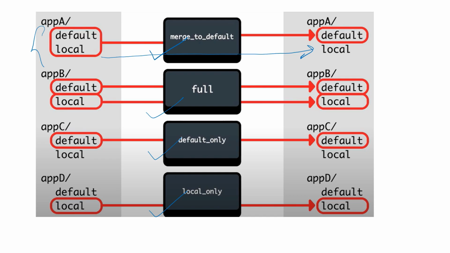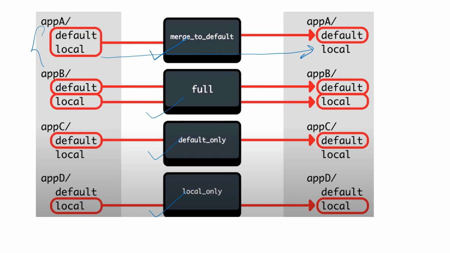So it will merge the content of both default and local for your app, and that bundle will be pushed as a single directory to your app in your search head cluster members inside the default directory. So there won't be any local directory pushed from your deployer to your search head cluster members.